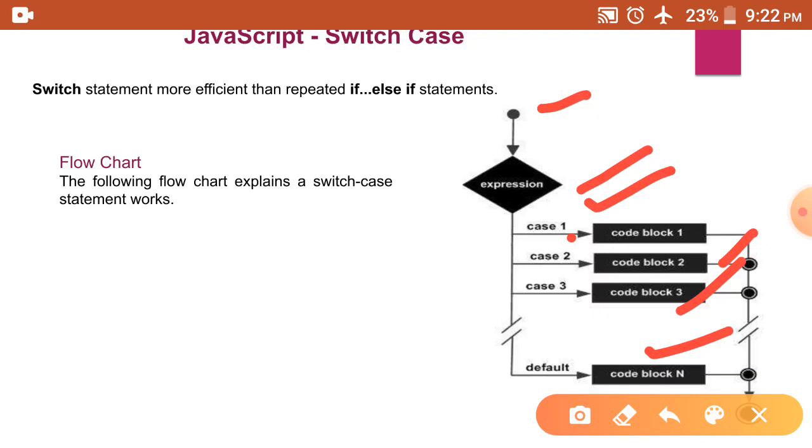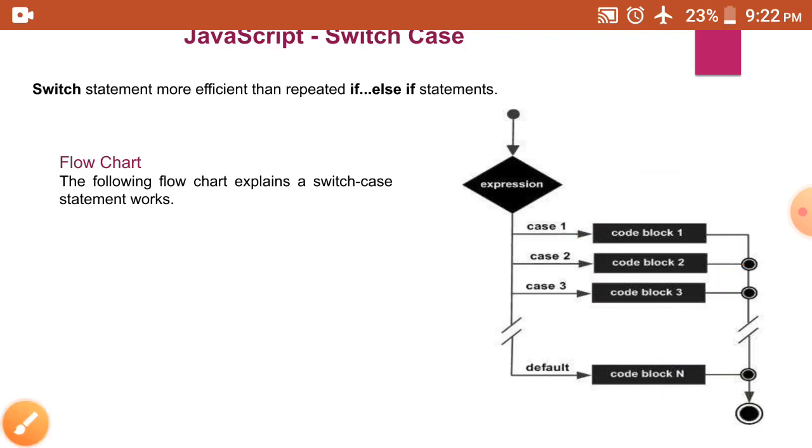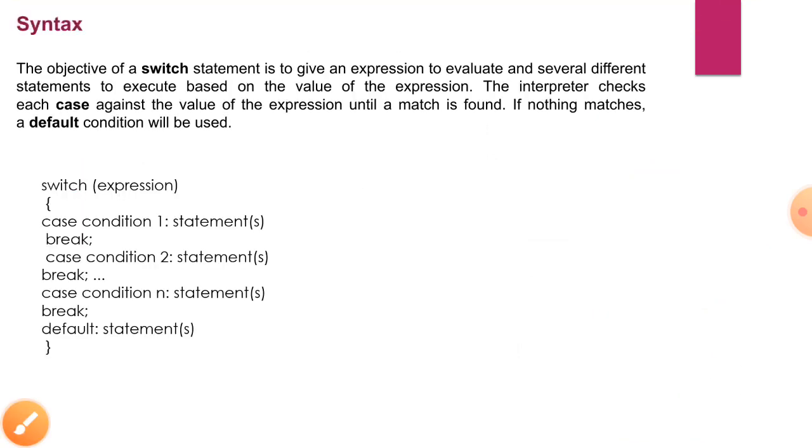So here we will see the syntax of this one. The objective of a switch statement is to give an expression to evaluate, and several different statements to execute based on the value of the expression.